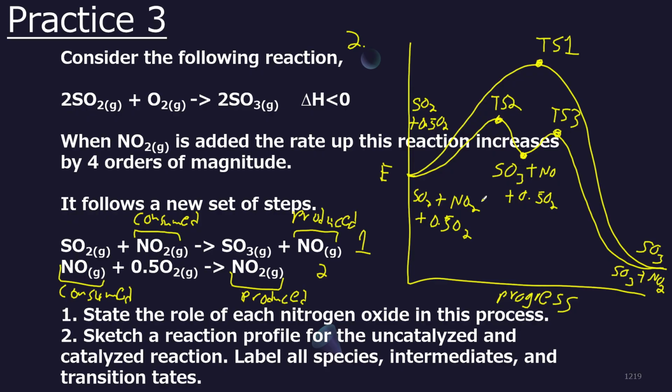Okay, you could also label all of delta H and the activation energies in this. The activation energy, there's not really enough space to show it, but I just want to show for the uncatalyzed reaction, it would go down to here.